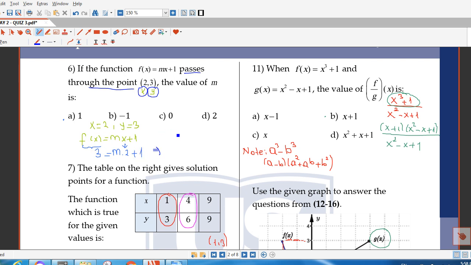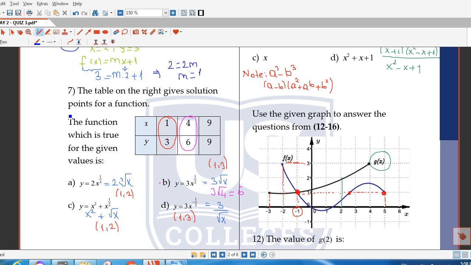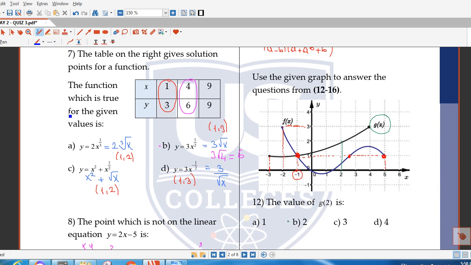If we take 1 to the other side, it will be 2 is equal to 2m, so 1 is equal to m. The answer is A.